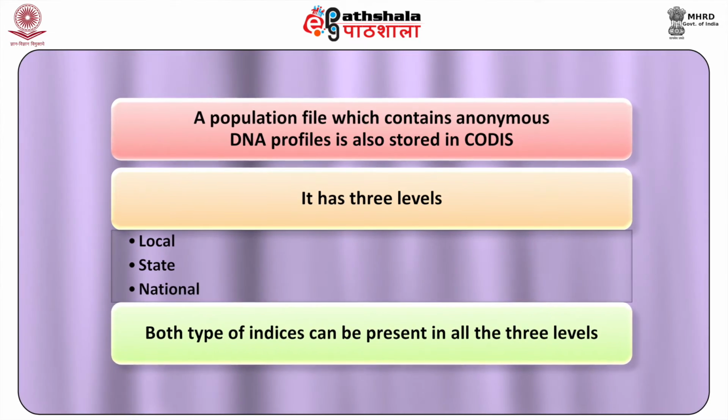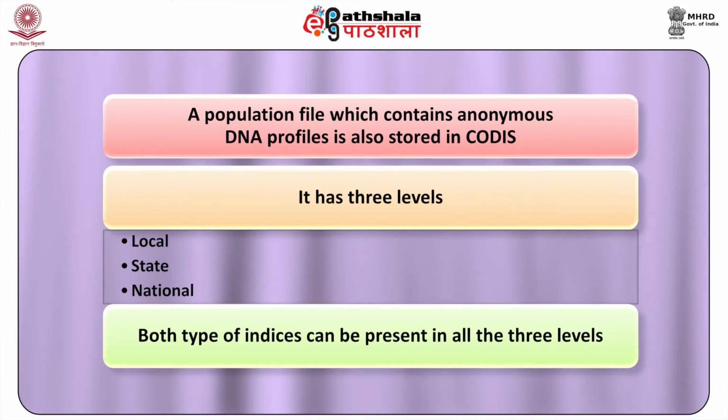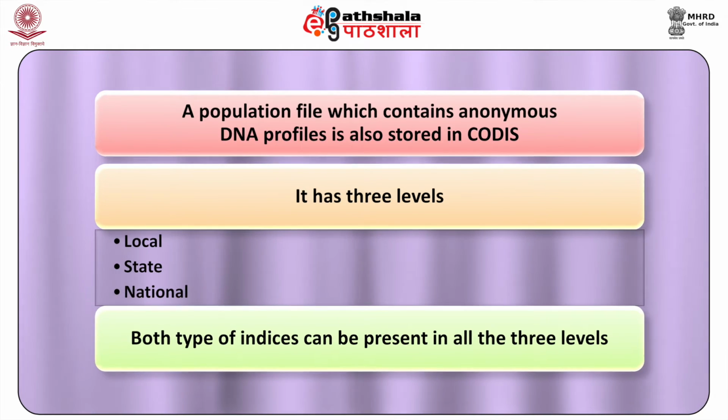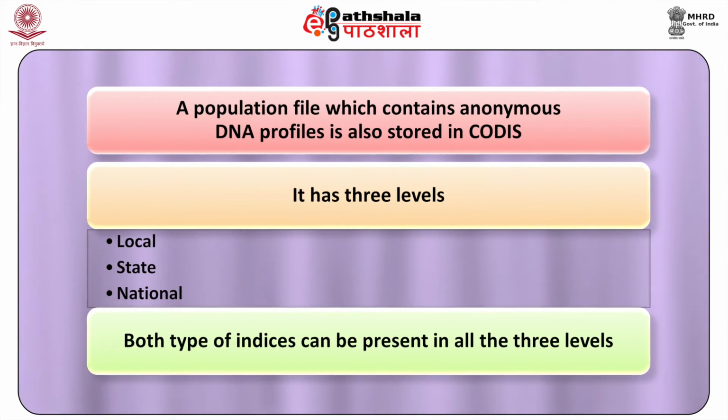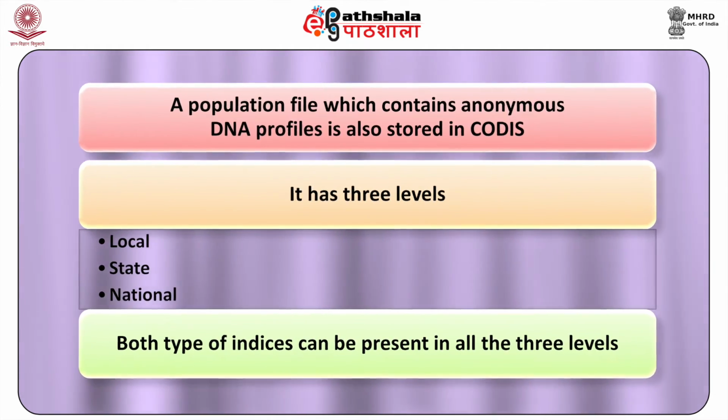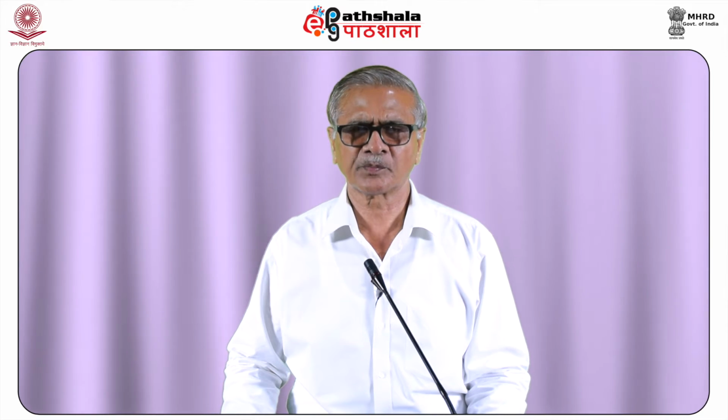It has 3 levels: local, state and national. Both types of indices can be present in all 3 levels. The local DNA index system, called LDIS, is usually operated by the police department. The FBI operates the national DNA index system.